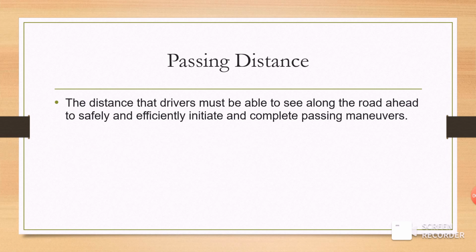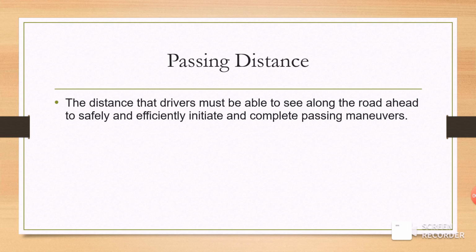Passing distance. Passing distance is the distance that drivers must be able to see along the road ahead to safely and efficiently initiate and complete passing maneuvers. While passing is not an event that is a major factor in the design of 4-lane highways, it is a critical component of 2-lane highway design. The capacity of a 2-lane roadway is greatly increased if a large percentage of the roadway's length can be used for passing.